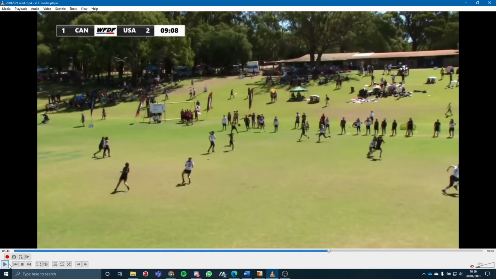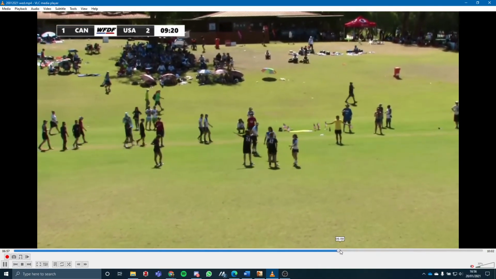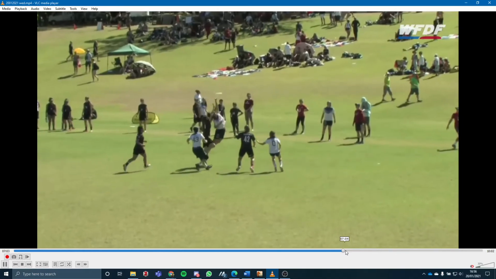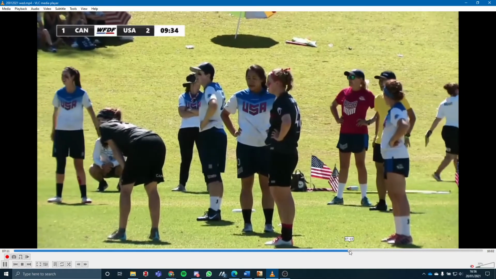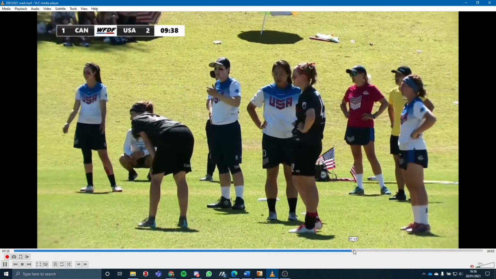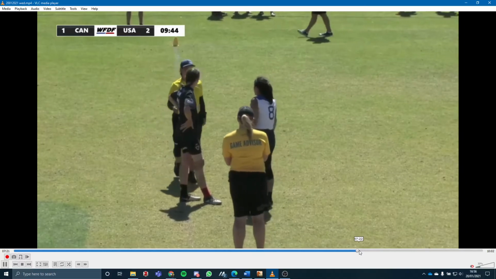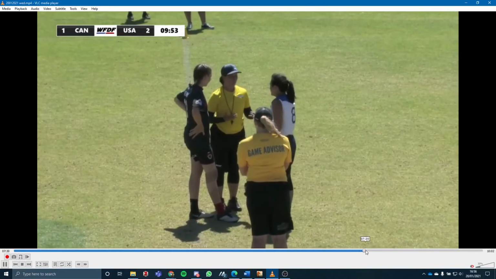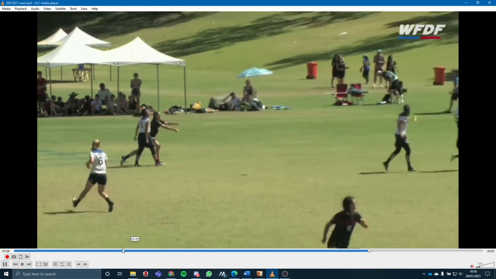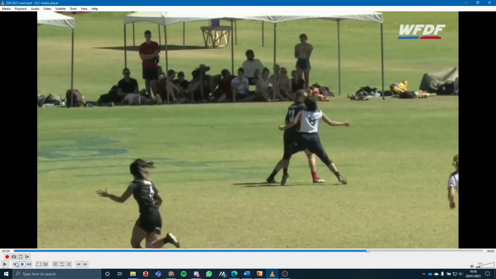So I think we get a slow-mo of the throwing motion in a little bit. You can maybe just see it there.